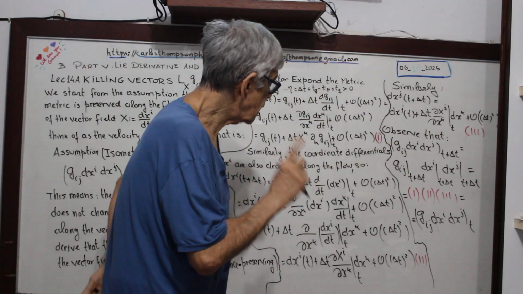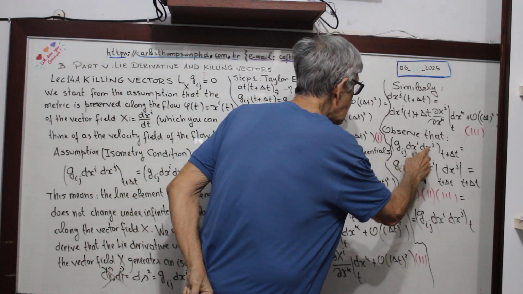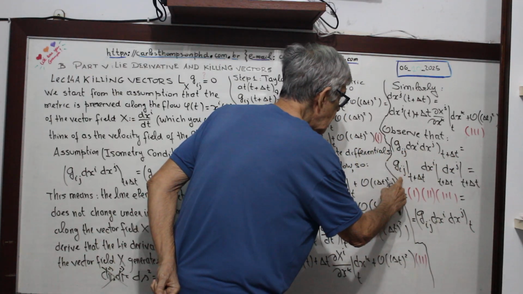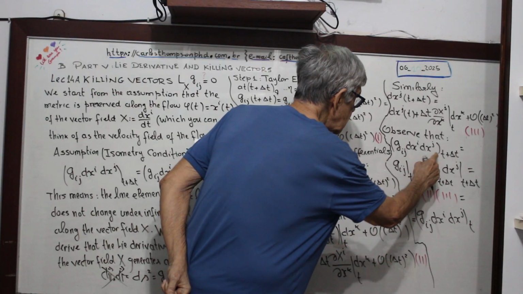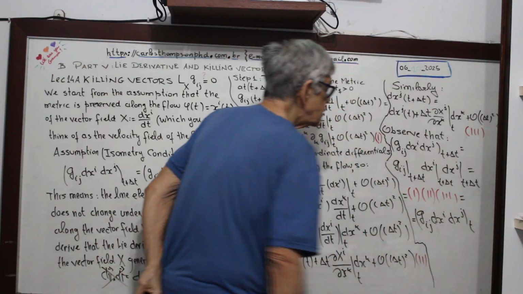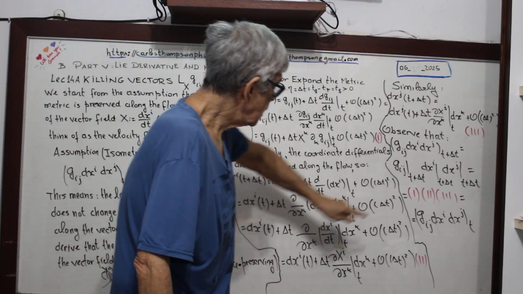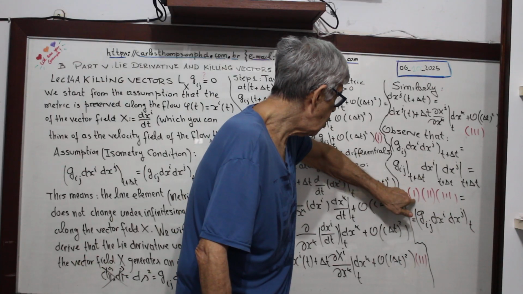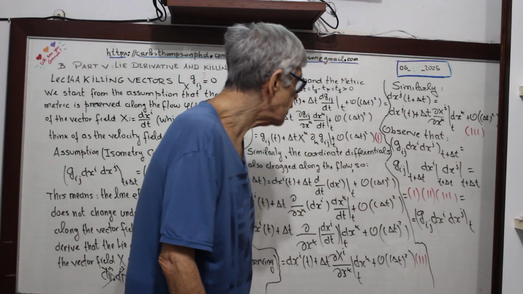Observe, that's important. g_ij dx^i dx^j at t plus delta t is equal to g_ij at t plus delta t, dx^i at t plus delta t, and dx^j at t plus delta t, which we showed before. Attention now: 1, 2, and 3 are these factors.